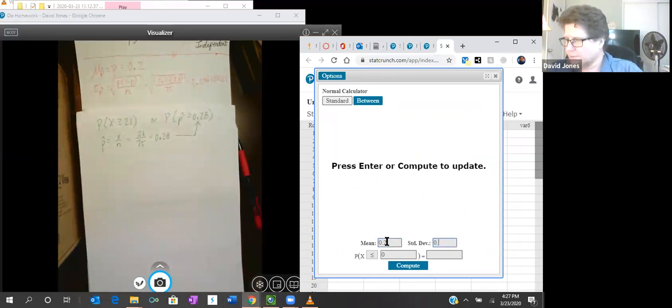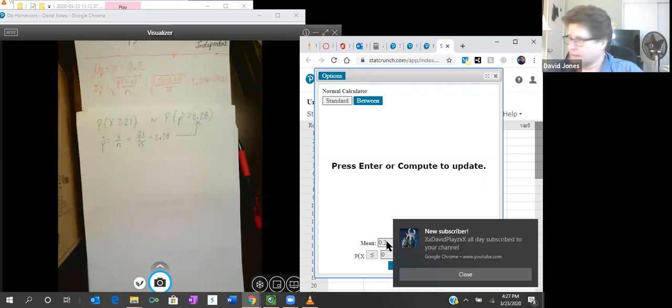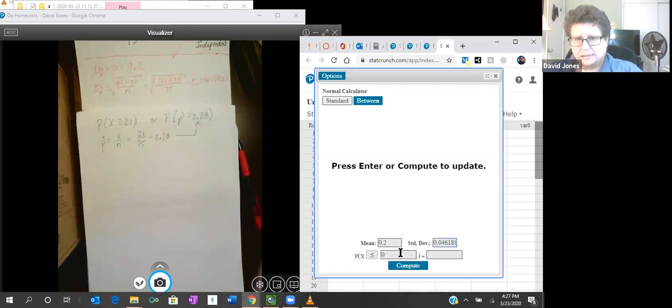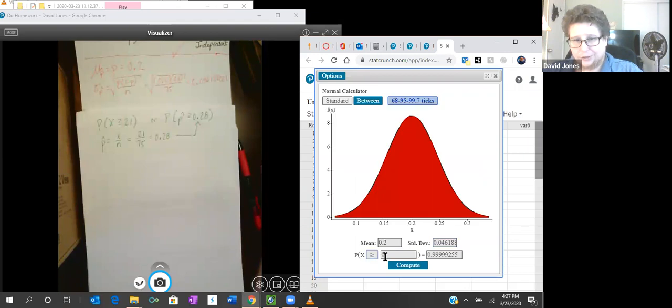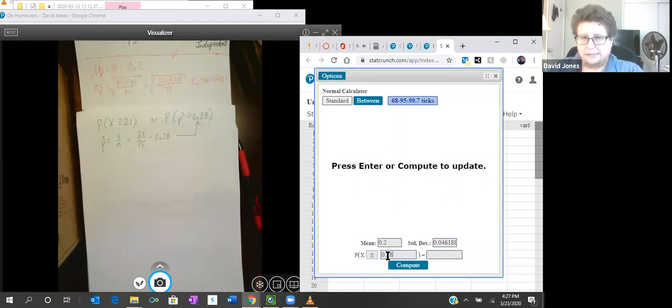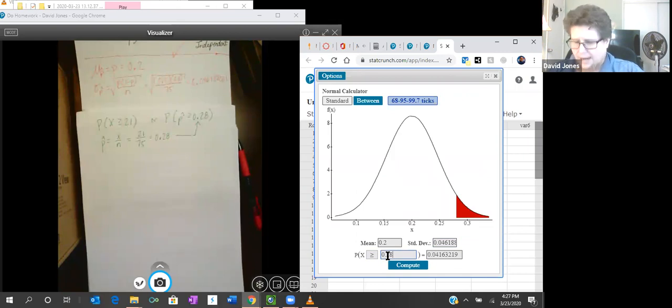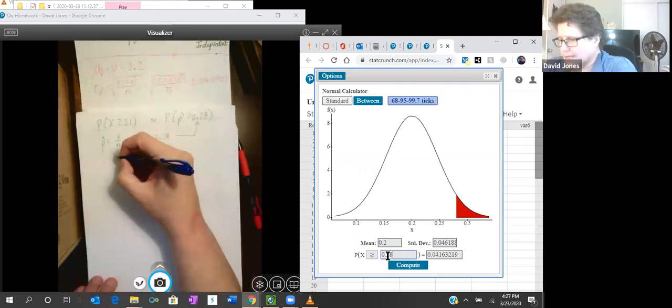I'm going to use the number of decimal places they specified, which was 6. I want the probability that x is greater than or equal to 21, which was 0.28. I click compute.